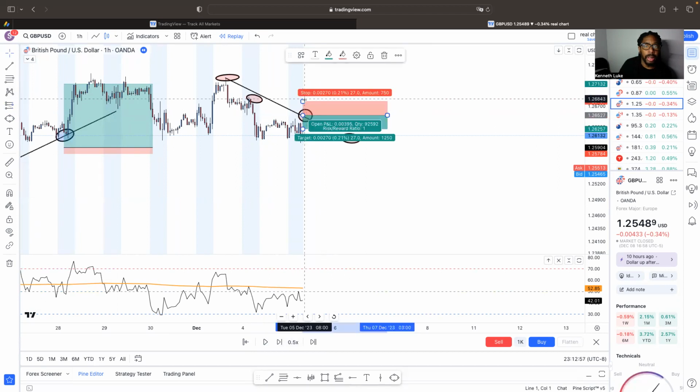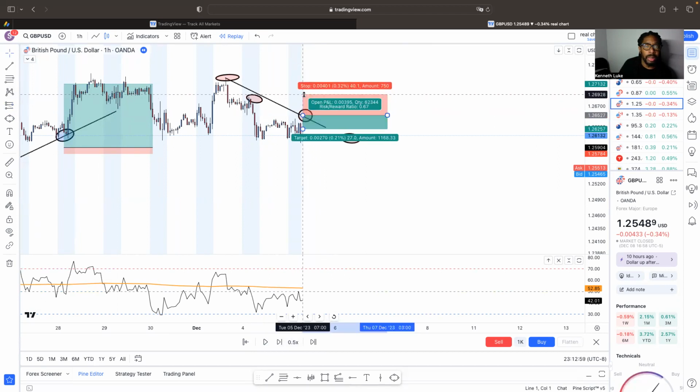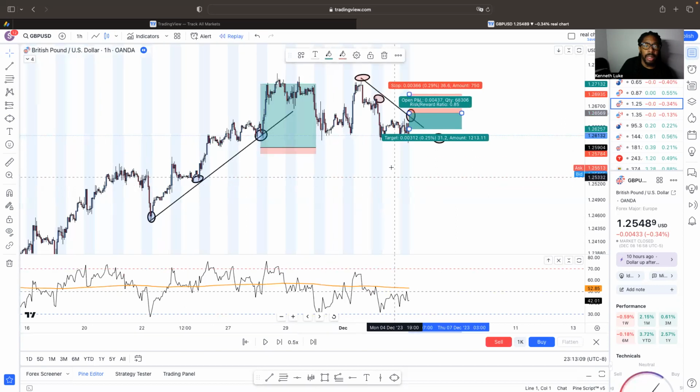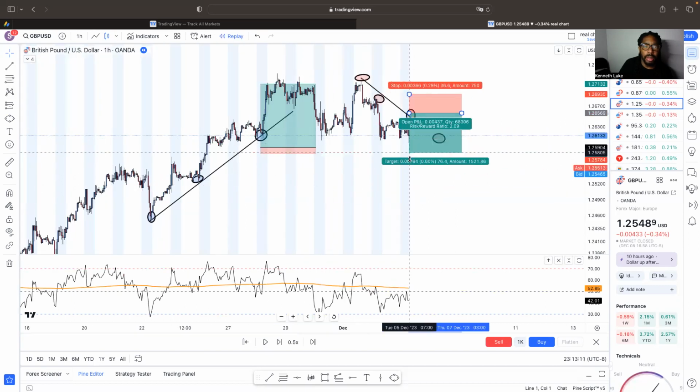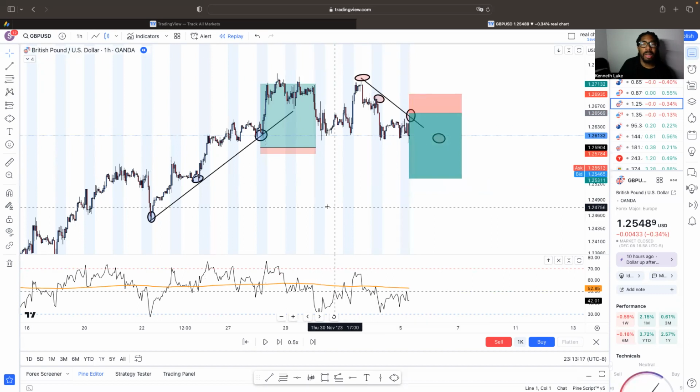You would have put your stop loss above this second hit right there, anywhere above there, in that area. Your entry would have been down here, and then let's just say you would have targeted one of these lows right here. You would have targeted this last point right here, this last low right here.